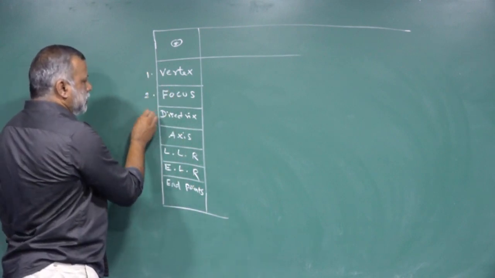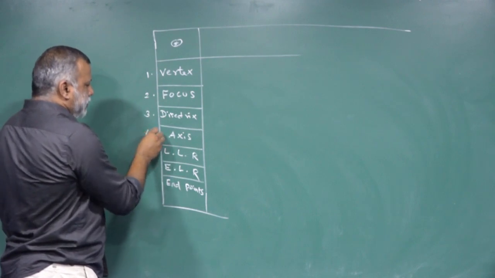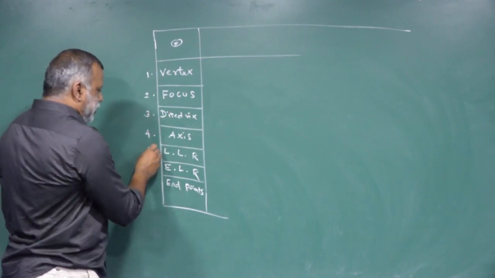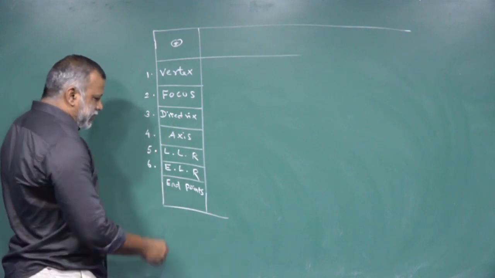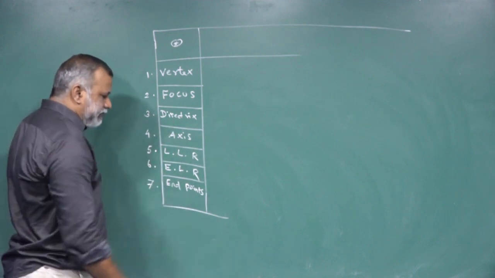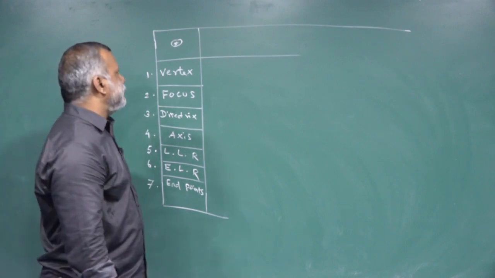Number 2, focus. Number 3, directrix. Number 4, axis. Number 5, length of the latus rectum. Number 6, equation of the latus rectum. Number 7, endpoints of the latus rectum. So we are going to work out all these 7 results.